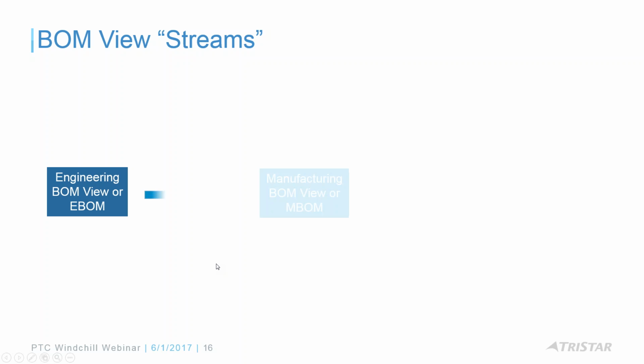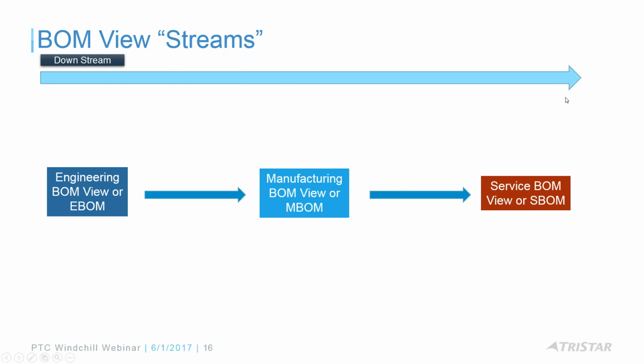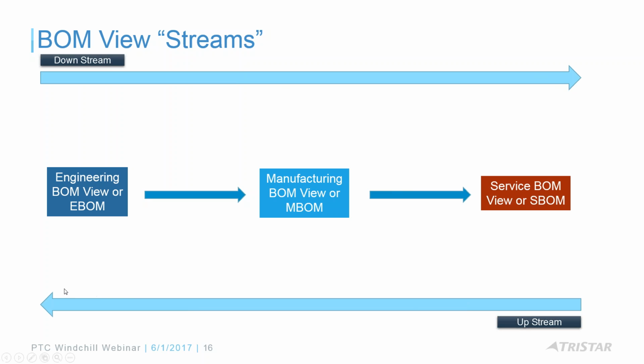So in Windchill, these various BOMs are designated as view streams. So there'll be a BOM view. Now the BOM view may contain parts that are in different views. And there's a downstream context and an upstream context.